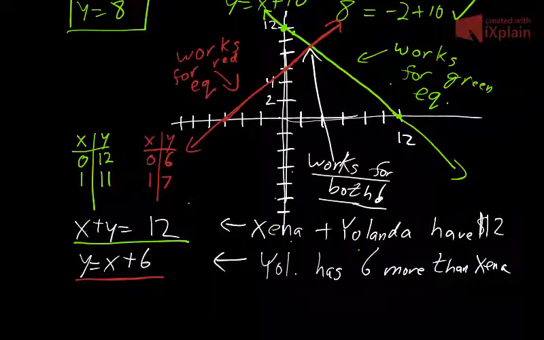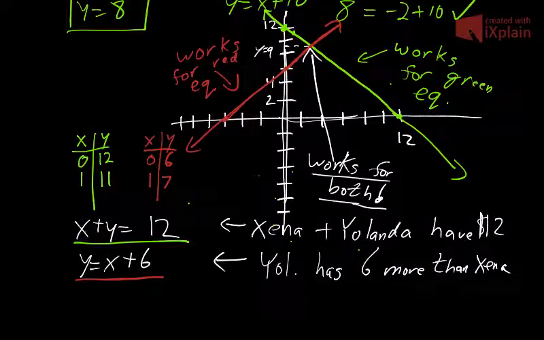So that point right here is the one that works for both, so that's what we want. If we look around where that is going to be, I believe, right in the middle here, which is going to be y equals 9.